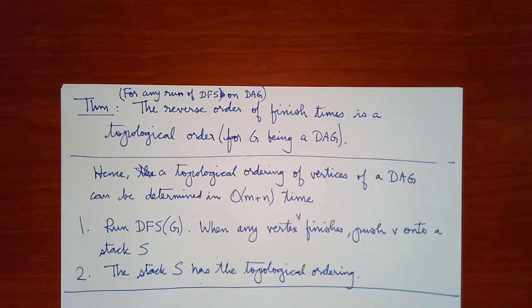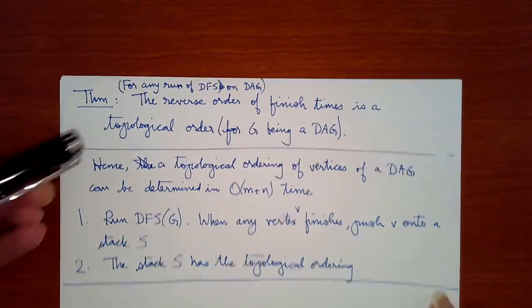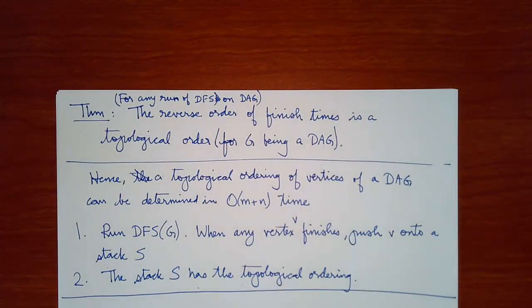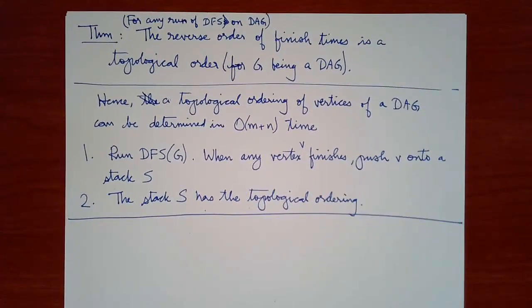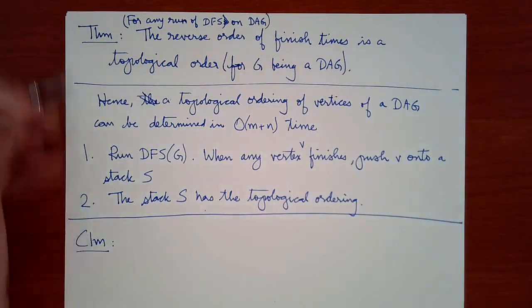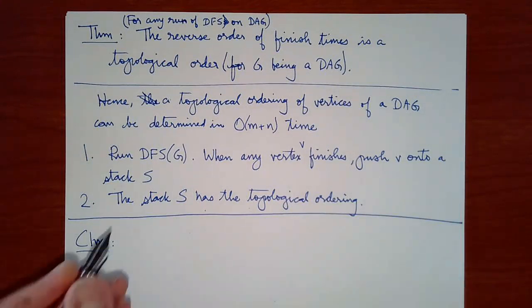But it's not obvious how to use them, and that's why I would like you to do these as an exercise. I will not prove the full theorem. I'll prove something which is almost the full theorem, and then you can complete the proof yourself. So I'm going to prove a claim, and when I write it, the theorem will be evident.